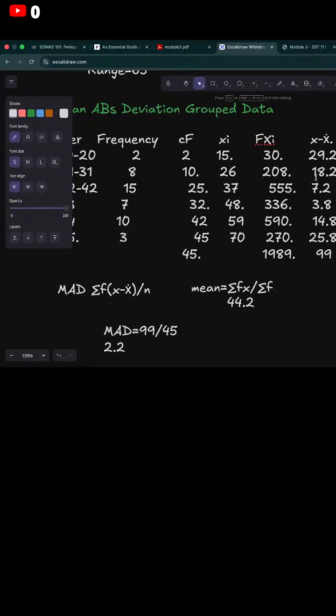So here we open our eyes. 8 times 18 is 145.6. We have 15 times 7.2, which is 108.